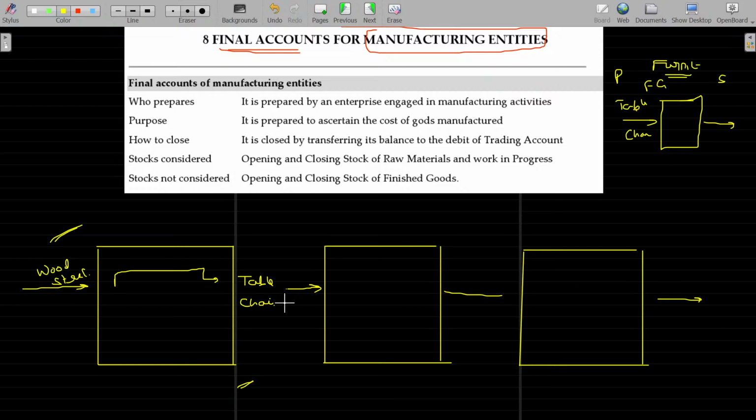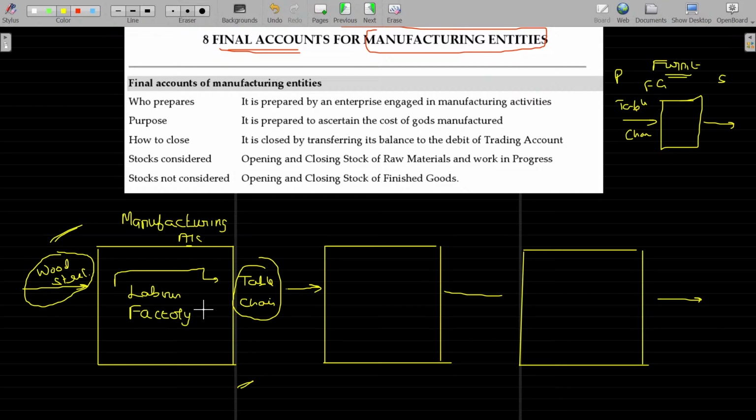Any items, income or expenses, related to the factory will be separately recorded in a new account called the manufacturing account. In this manufacturing account, we spend money for purchasing the raw material, and we convert that raw material into finished goods by introducing labor cost, some other machine-related cost, and factory-related expenses.